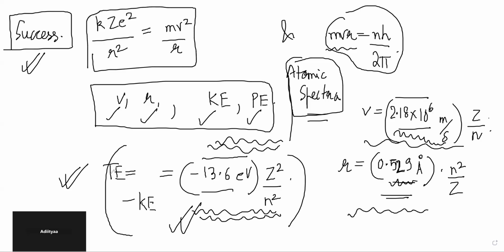But Bohr has given us total energy of every orbit, no? Now notice that if you subtract the difference between two orbits' energies, you will get 1 by n square minus 1 by m square. You'll get the energy required to go from one orbit to another. And that is the wavelength that you see, that if you equate it to hc by lambda, you will get the exact Balmer equation and Rydberg equation.